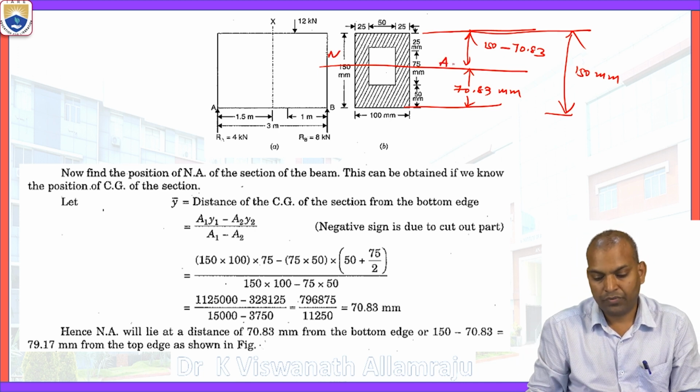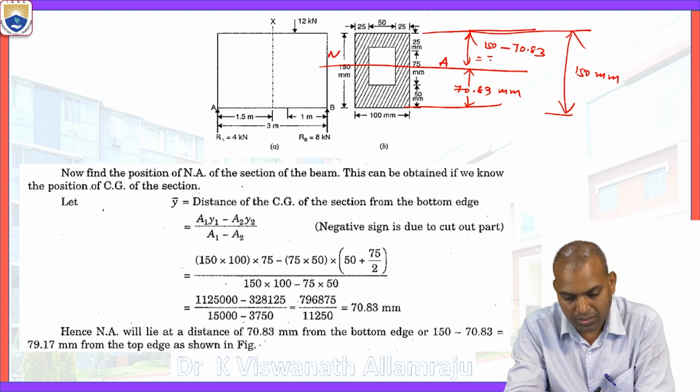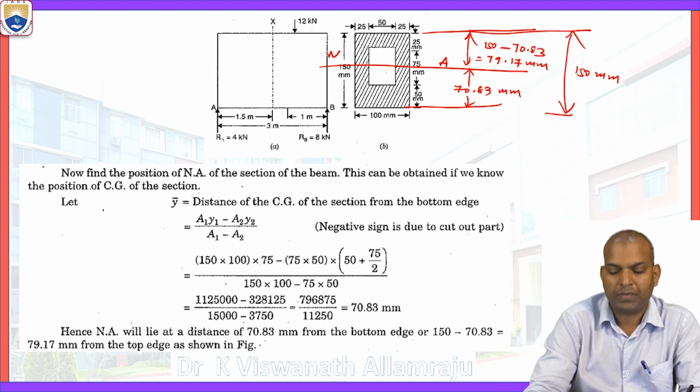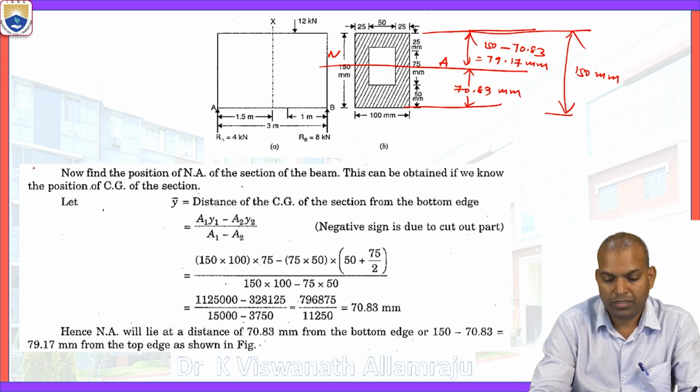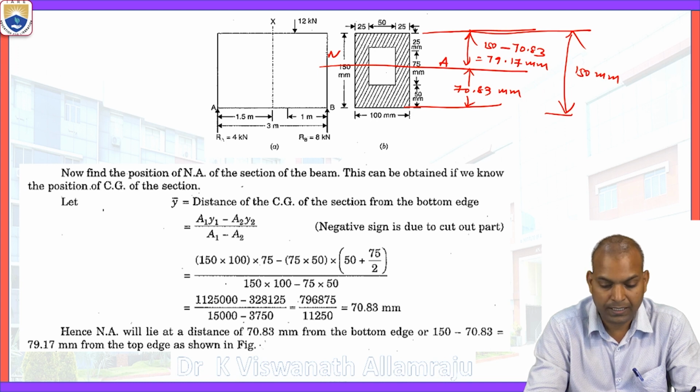That comes as 79.17 millimeters from the topmost layer, and the distance from the bottommost layer is 70.83.